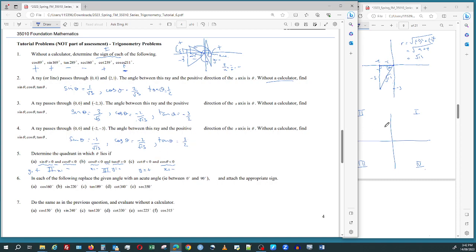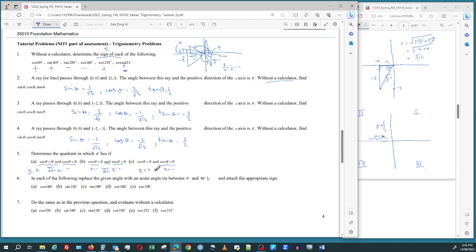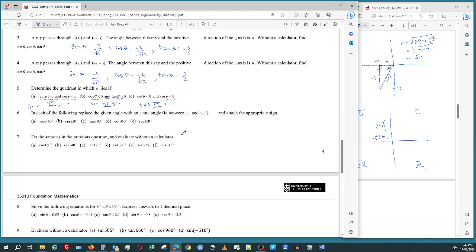So x is negative here and y is positive here. So negative and positive. Okay, so that's quadrant 2. Back to quadrant 2 for that one. All right, so through the lens of exact values trig, this is something that's quite doable, I think.